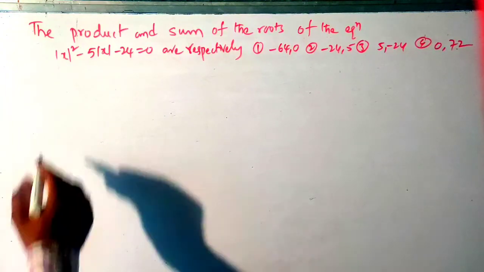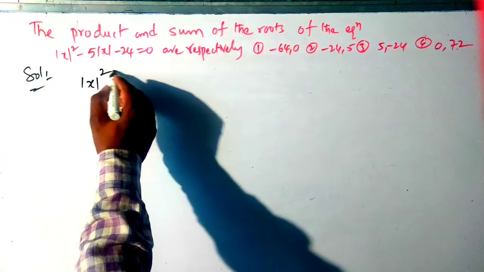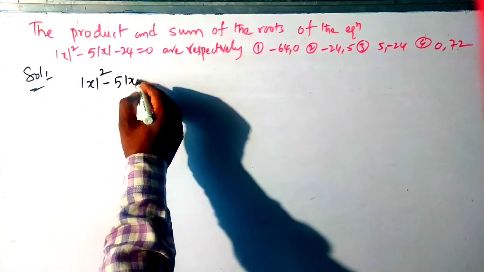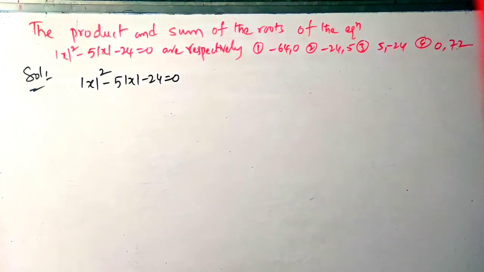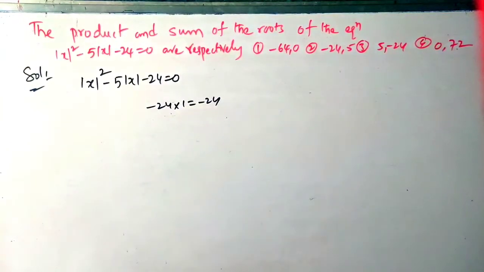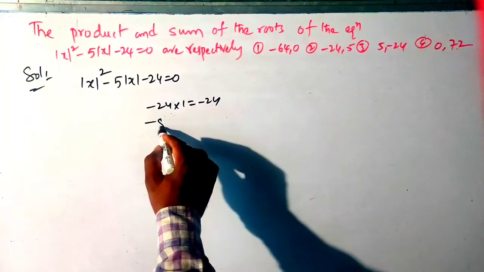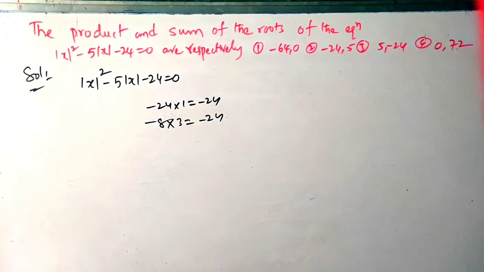So for the given equation, first of all we take |x|² - 5|x| - 24 = 0. Find the factors of this equation first. Minus 24 into 1 is minus 24. Minus 8 into 3 is also minus 24, and minus 8 plus 3 is minus 5.